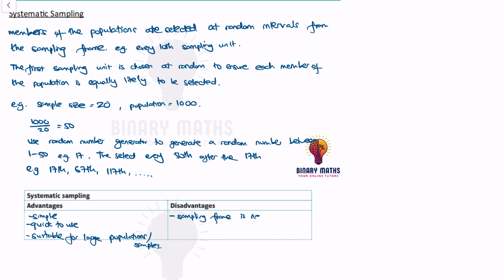So if you don't have a list of everyone in the population, how are you going to take every 10th one, for example? And also it has the possibility of introducing bias, because every 10th person, for example, might be a woman. Especially if the sampling frame is not random.